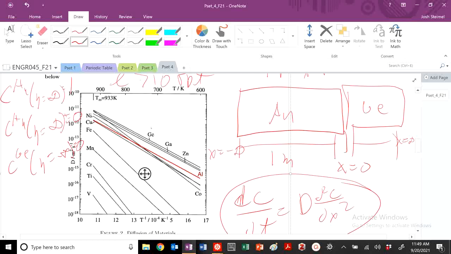These are not going to be the most accurate calculations, so I'm just going to say around here we're about 10 to the minus 13 meters squared per second. That's my diffusivity. I need another temperature because I need two equations, because I have two unknowns. Let's see, where does this match up? Maybe something like this, 10 to the minus 16.